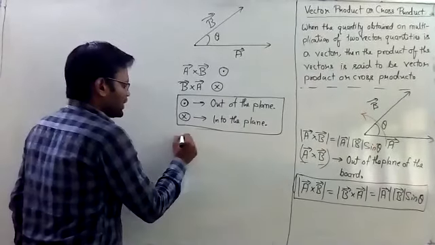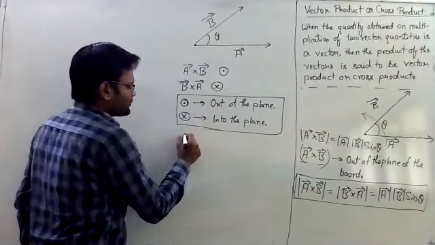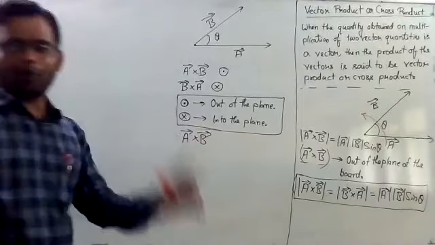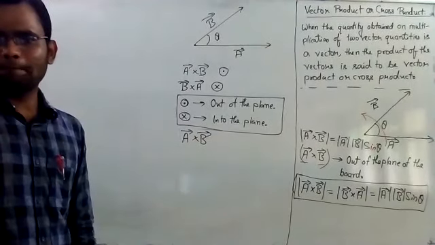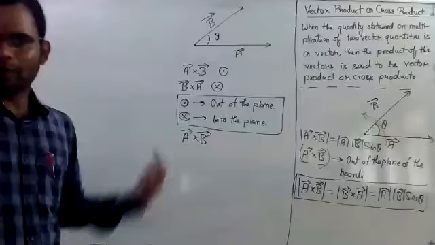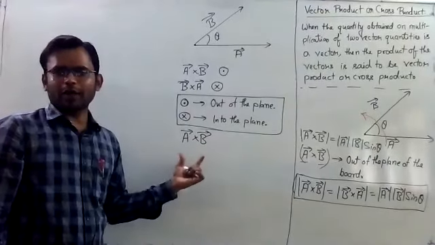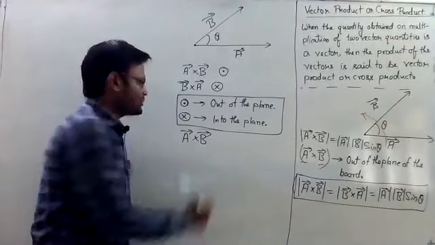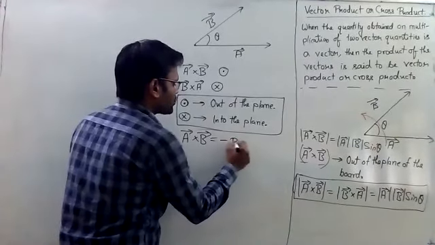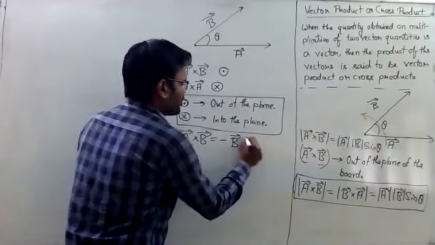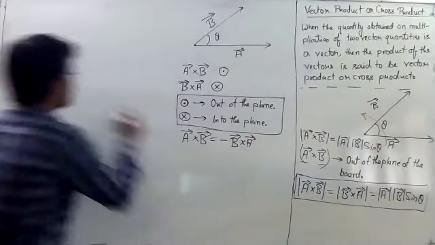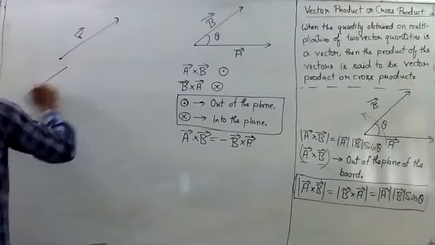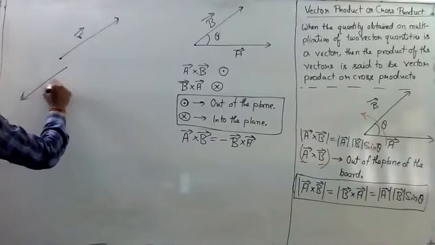So what is the relation between A cross B and B cross A? A cross B is exactly opposite to B cross A. In that case, I can say that A cross B is minus of B cross A. It is very similar to this one: this vector is R vector, and this vector having equal magnitude is minus R vector.